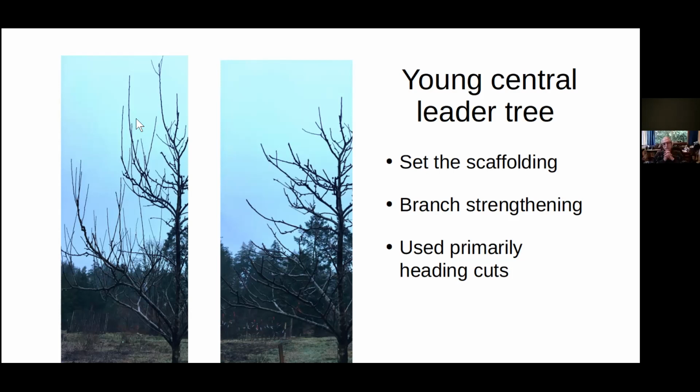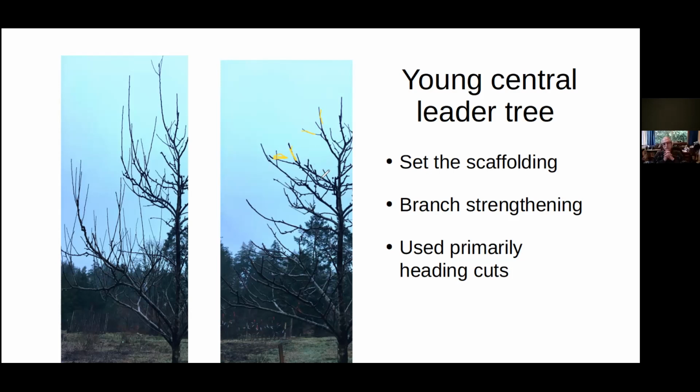We've used heading cuts, taken off a lot of the growth. But what I have done with the heading cuts is you can see that there's a little bit of 1-year wood left behind. There's 1/3 of every branch sort of left behind. That's because I want to leave about 3 to 4 buds behind and encourage those to turn into fruiting spurs.